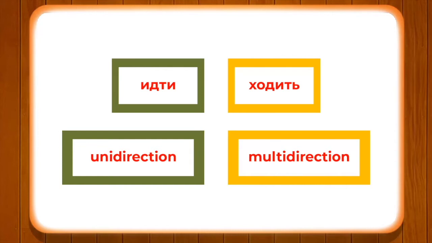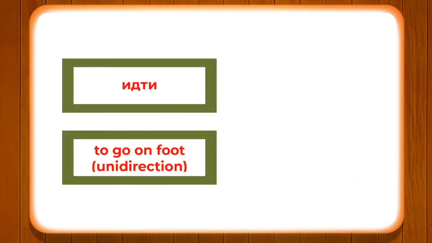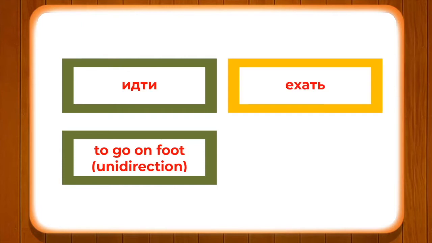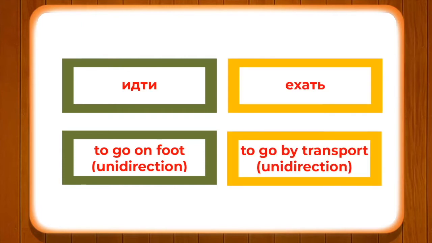For brief information, we have verbs like idti and yekhat, which belong to the first group, whereas we have khodit and yezdit, which belong to the other. However, the meaning remains the same. Idti is unidirection, whereas khodit is multidirection. The only difference is idti means to go on foot in a unidirection, whereas yekhat means to go by transport, again in a unidirection.